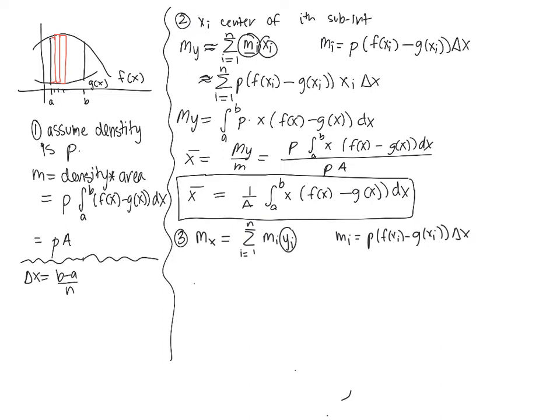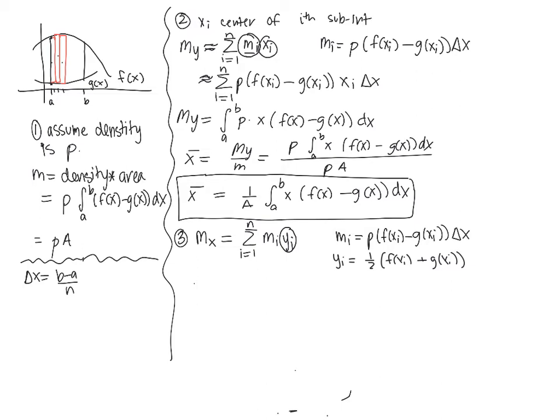Now to find the middle y sub i, to find the center, you find the average of those two values, and that would give you the center point of each piece. So we have that y sub i will equal 1/2 f of x sub i plus g of x sub i.